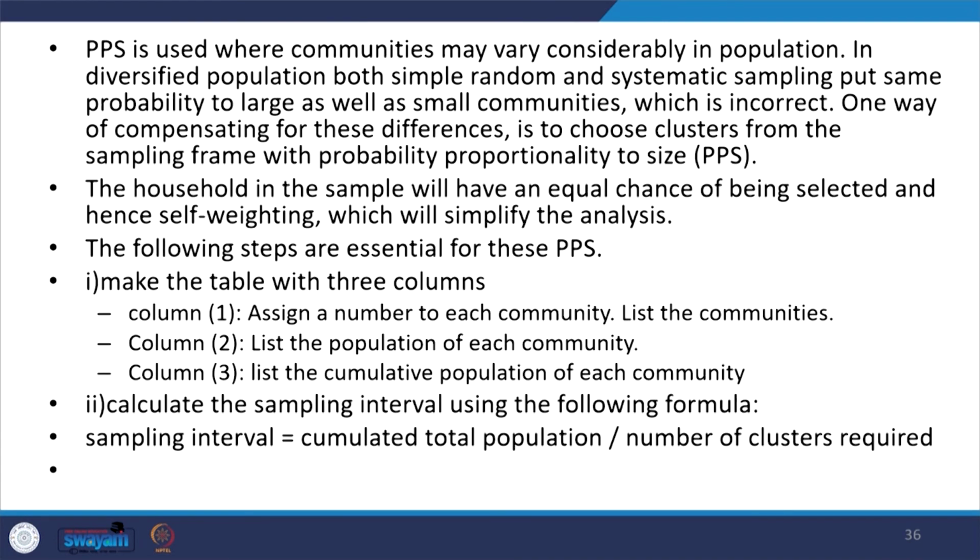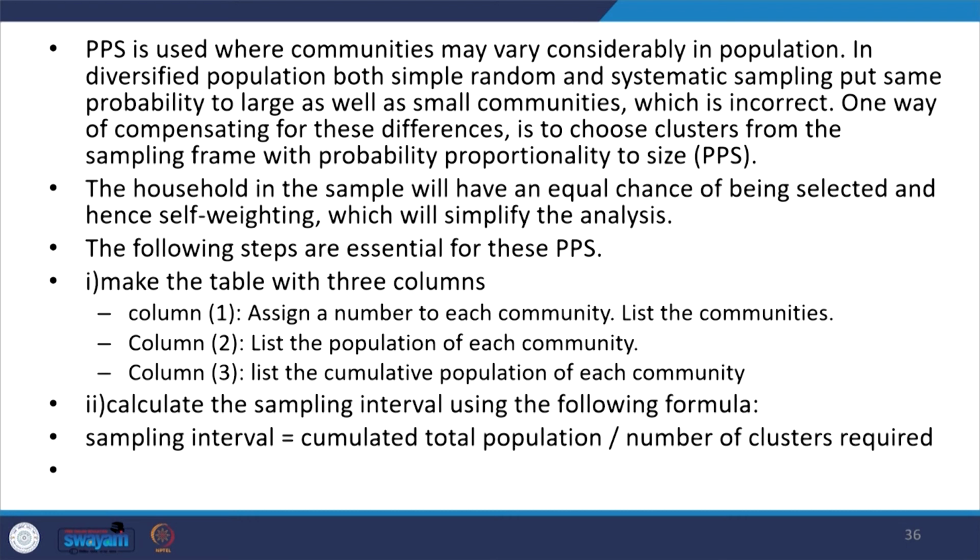Now, I will also give you the steps. PPS is used when communities vary considerably in population, which I have already said. In a diversified population, both simple random sampling and systematic sampling give the same probability to large as well as small communities, which is incorrect.